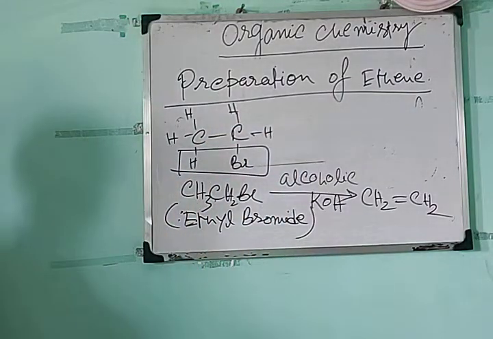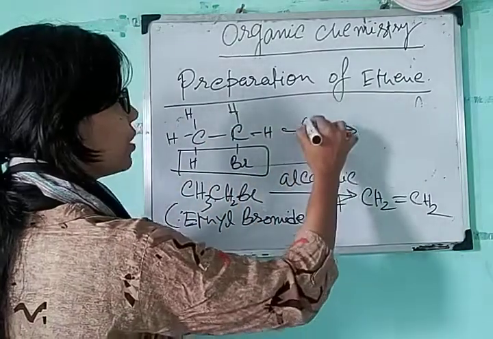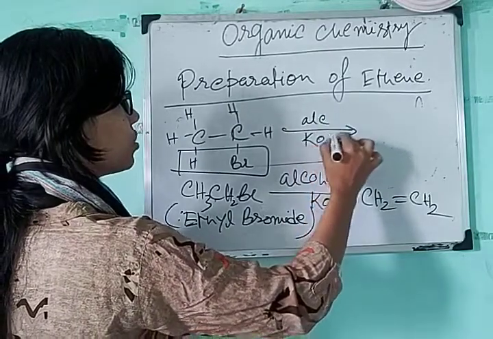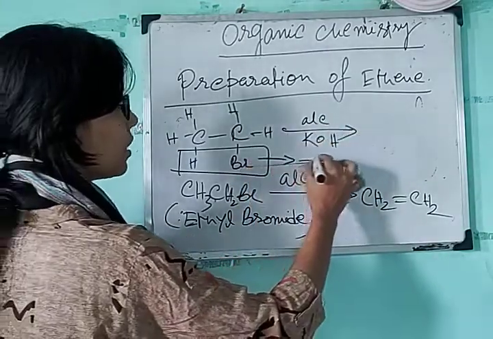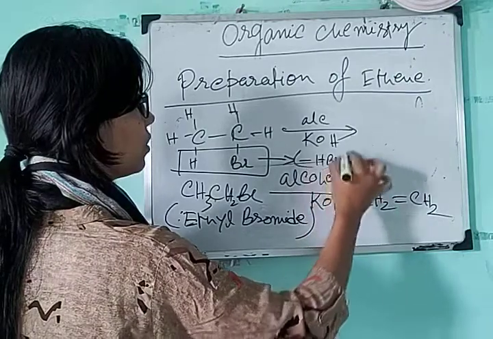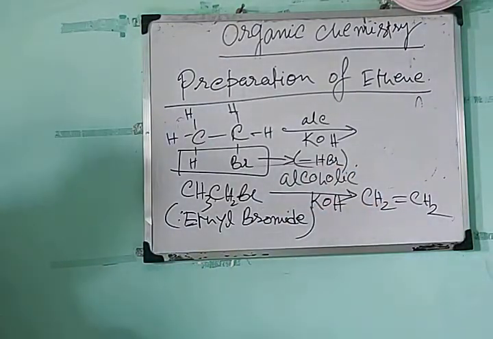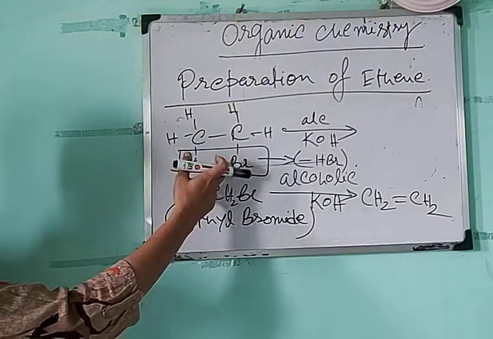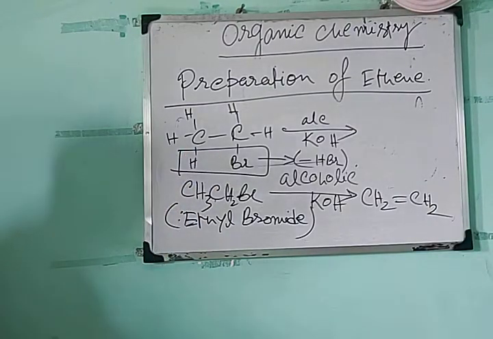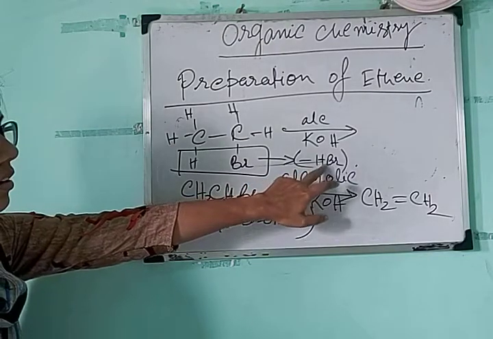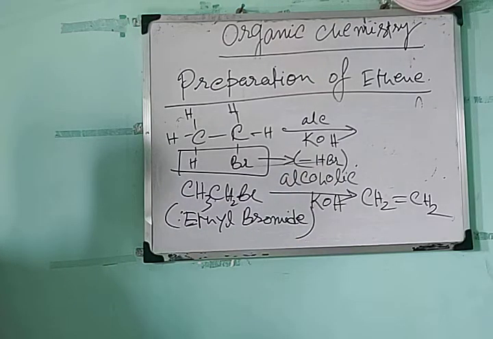This HBr molecule will be eliminated after you react it with alcoholic KOH, that is minus HBr. So this is the dehydrohalogenation, hydrogen and halogen. And this is the halogen acid, hydrogen bromide.